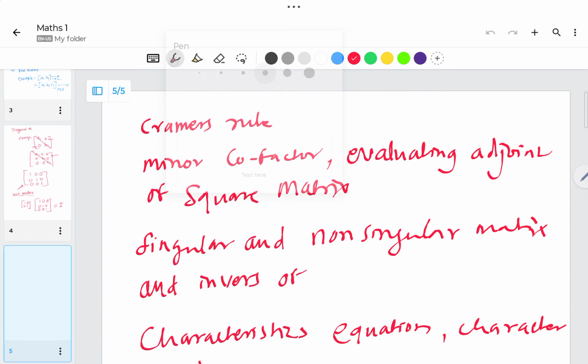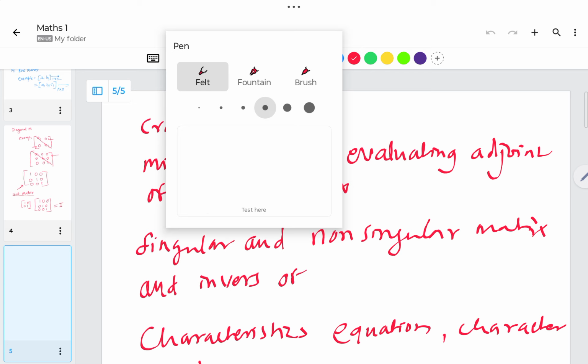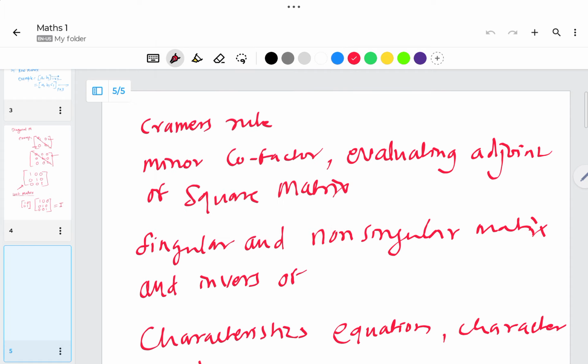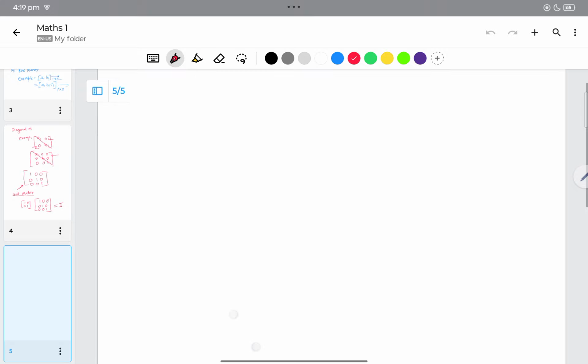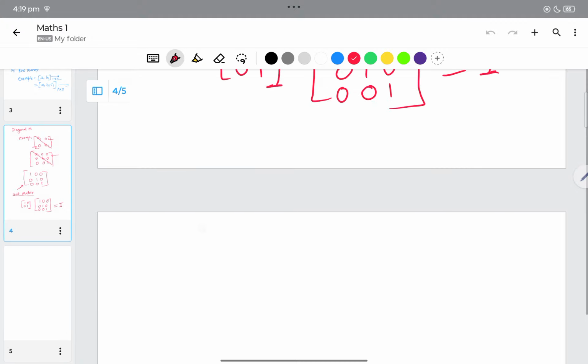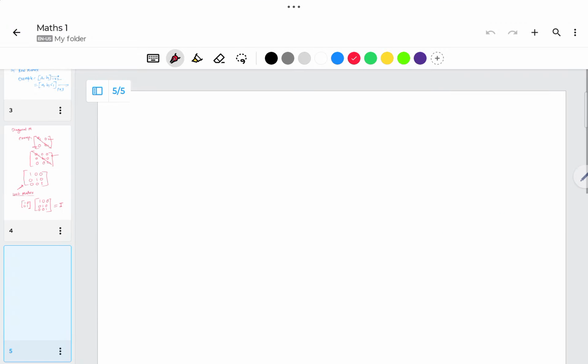So now let us see some other types. Symmetric matrix. It is very much important.